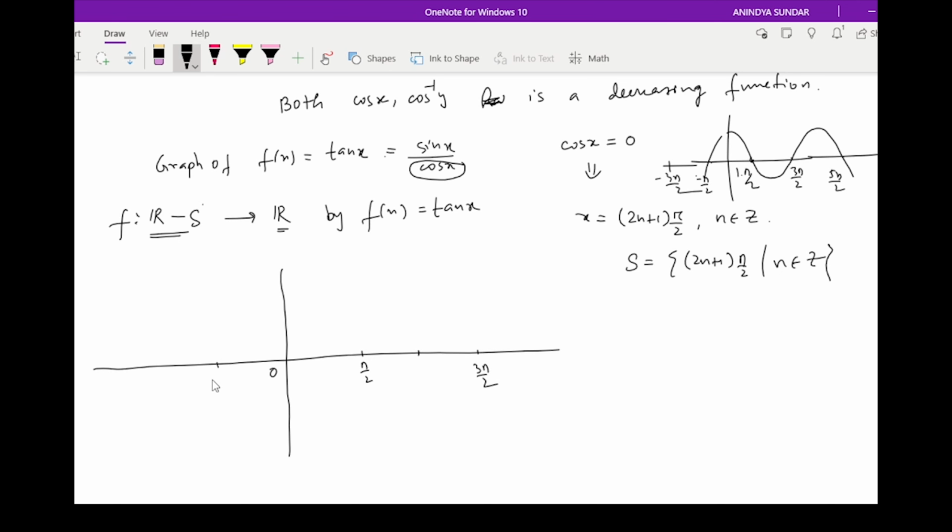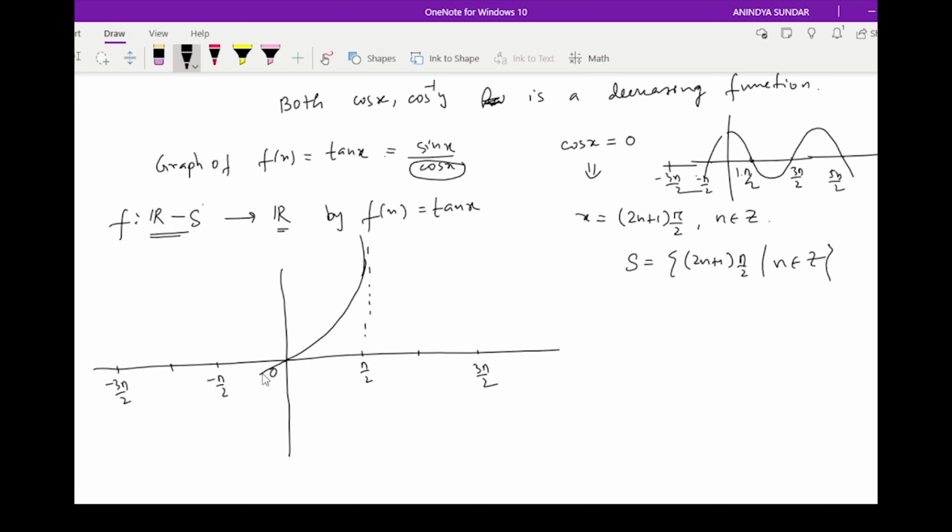Likewise this point will be minus π/2, then minus π, then minus 3π/2. Now between these, if you know certain values of tan, you can easily plot that this function is increasing. Now this is an asymptote, that means it will increase up to infinity.